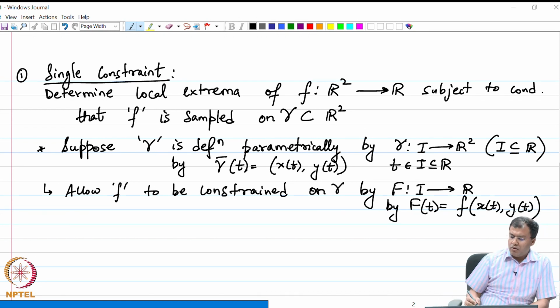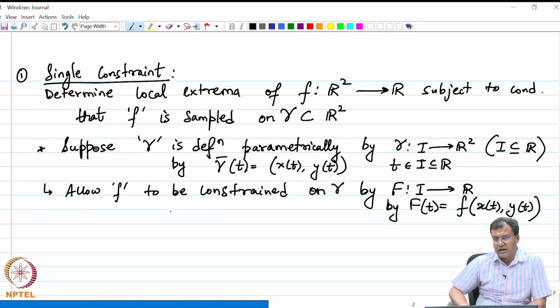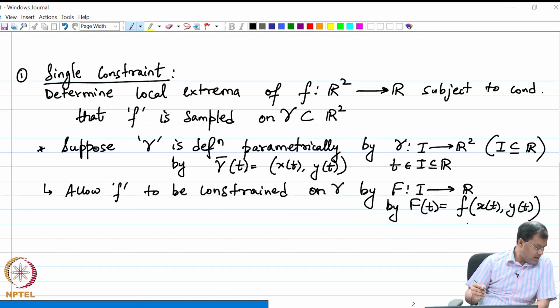The moment we say that f is constrained with the condition gamma, all the argument points of this objective function small f have to be picked from gamma.